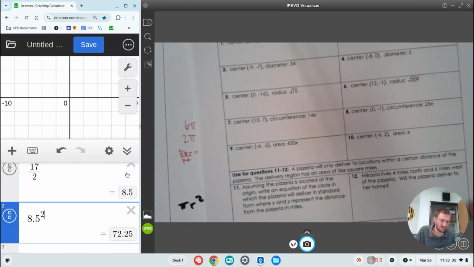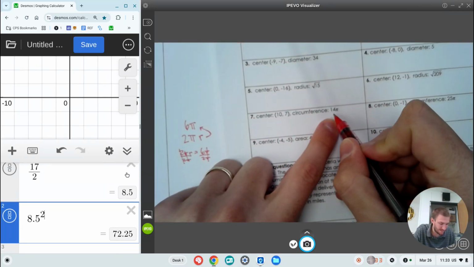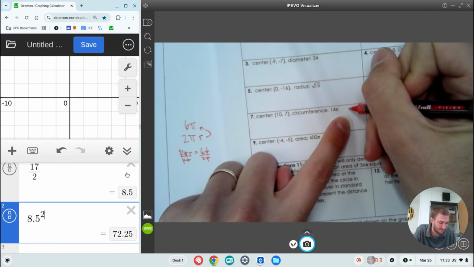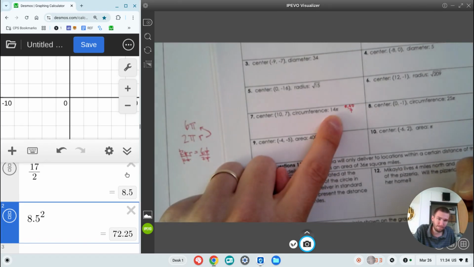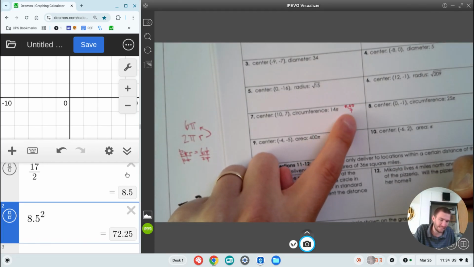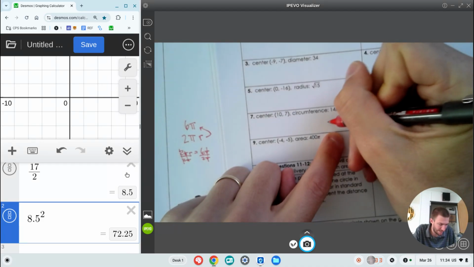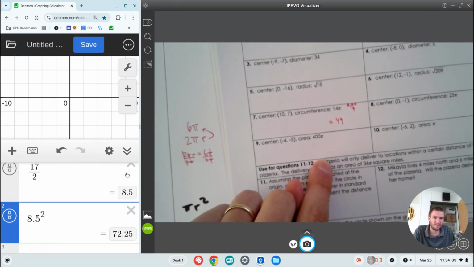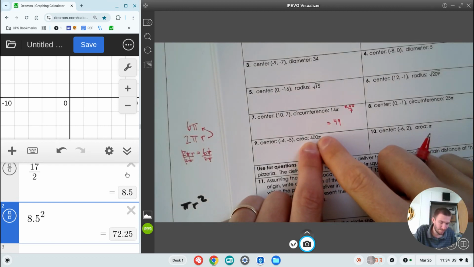Now, if you want the trick, okay, circumference means you take the 14 and you divide it by 2. From 14 to 7. That means 49 is going to be the number for the circle. If you want the trick for area, you have this 400.